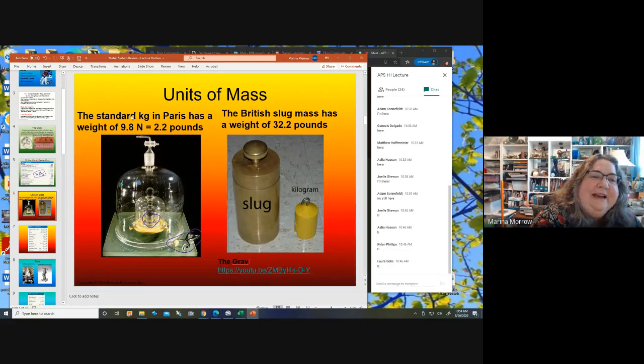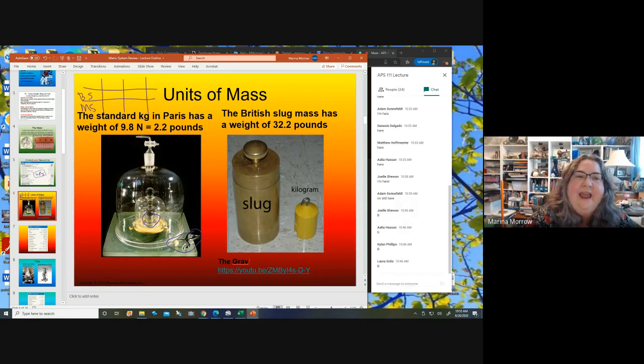Okay, so I'm going to make a little chart here. So there's the British system and there's the metric system, or Système International, the international system of units. And then there's mass, and then there's weight.